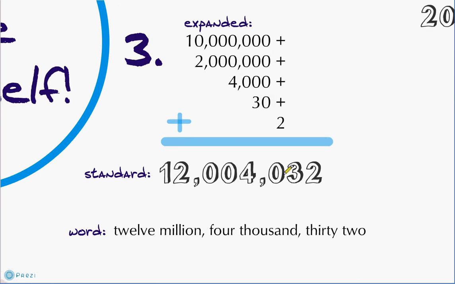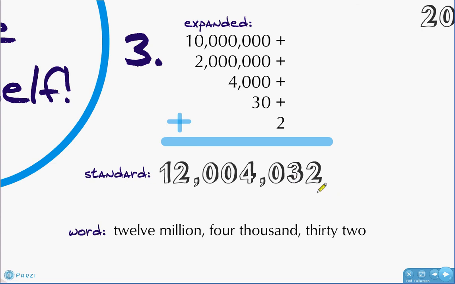And finally, number 3, where you already had it in expanded form. Going from expanded to standard form is super easy because you just do the math. So as you can see here, 0 plus 0 plus 0 plus 0 plus 2, right? Because that 2 is just off to the side, is 2. And then 0, 0, 0 plus 3 is 3. 0, 0, 0 is 0. 0, 0, 0, 4. 0, 0, 0, 0, 2, and 1. 12,004,032.